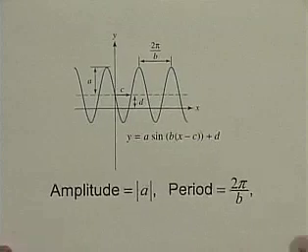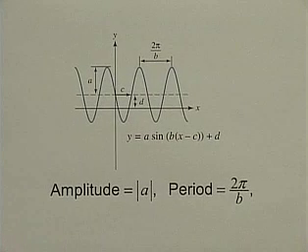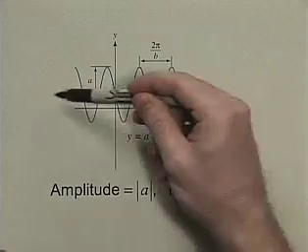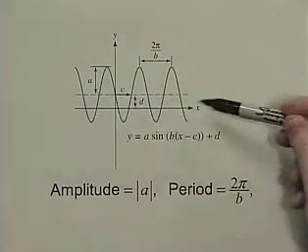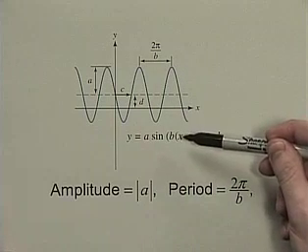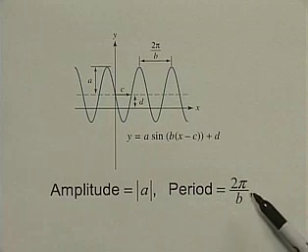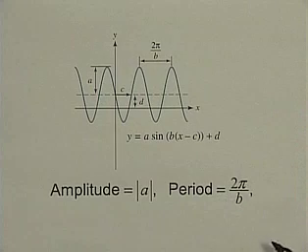Look at this graph here. The amplitude is the absolute value of a. That's how far it is from the line that crosses through the middle of this whole thing to the very top or the very bottom. The period is 2 pi over b.